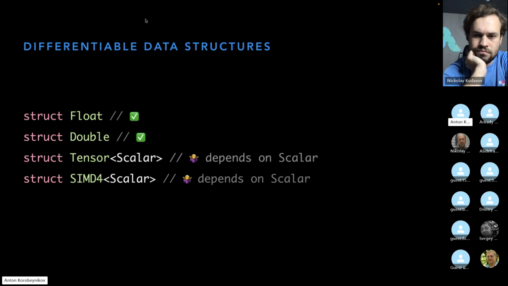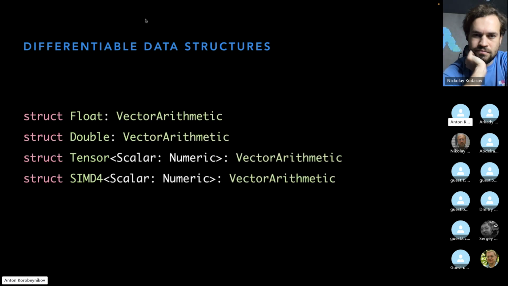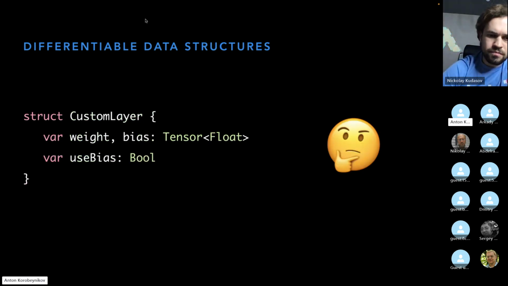Swift uses things called protocols as a kind of language generalization, like templates in C++, for example. All these types are differentiable because they are real vector spaces, so maybe we can use that. But what about the custom layer type here?